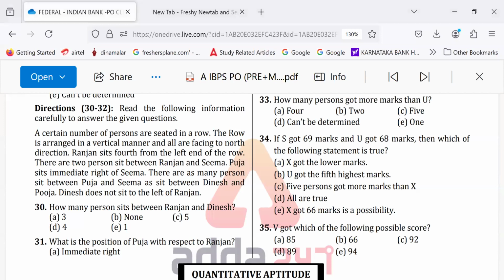This type of question is time consuming. Here the answer is not definite. You cannot decide. Cannot be determined.